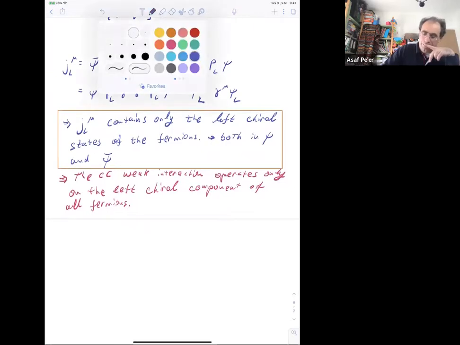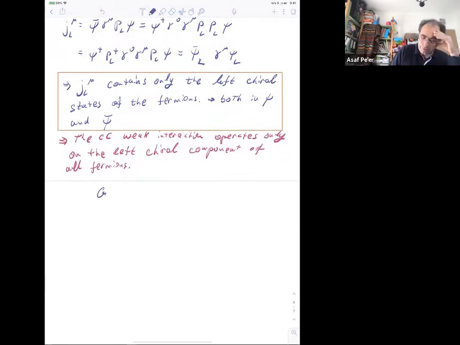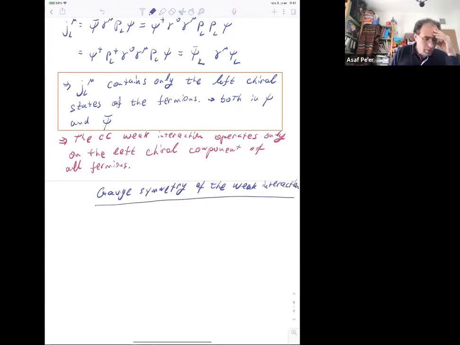Now let's talk about the gauge symmetry. Remember, we discussed the Weyl approach, which argued that all interactions originate from gauge symmetry. For the electromagnetic, the simplest one was the U(1).